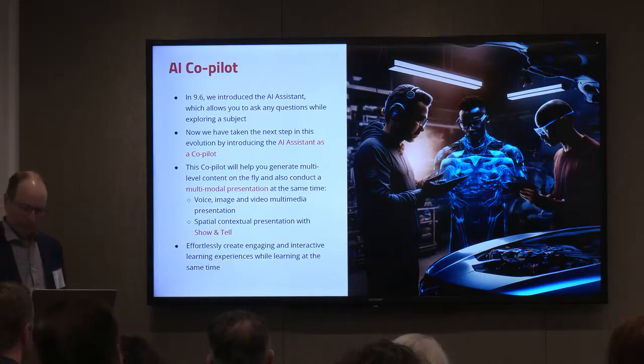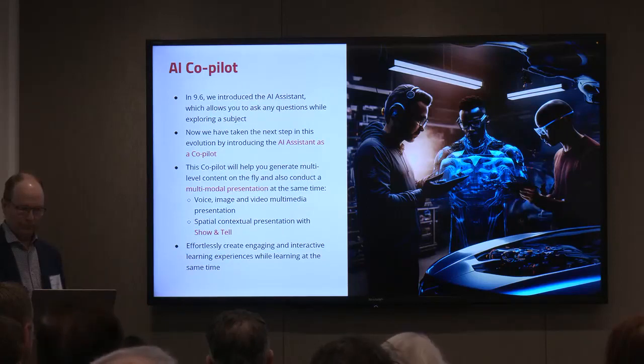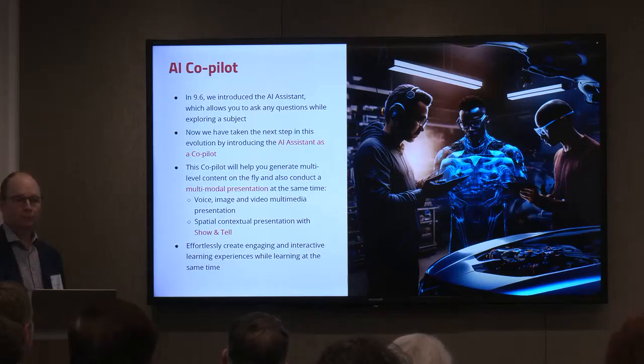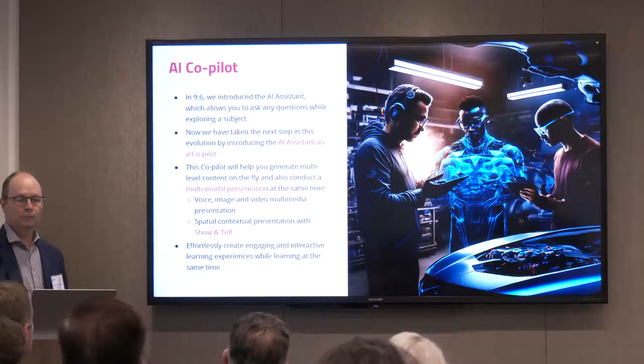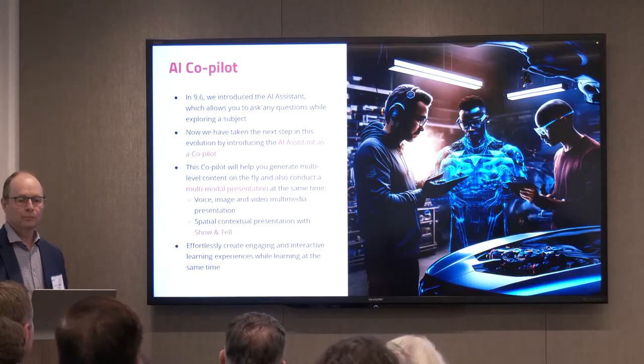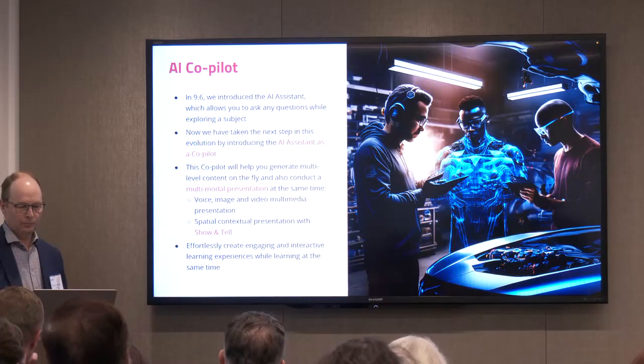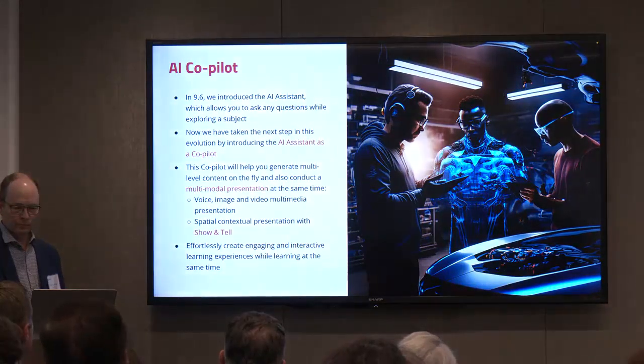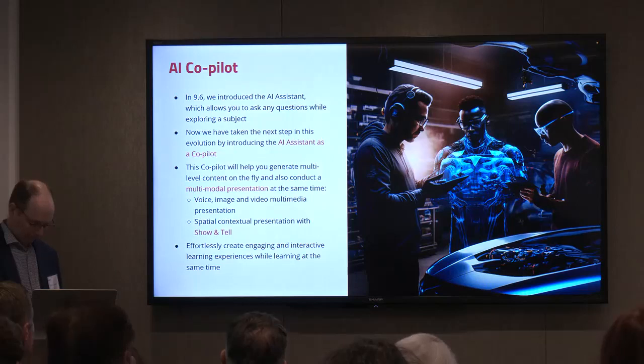But it can also do something that's unique about 3D and our product, and it's what we call the spatial contextual presentation, or in short, another name for that is show and tell. So what it means is that having a model, you can actually have a context, and then this AI system will be able to point out the different objects, different parts of the objects, and at the same time also describe those parts.